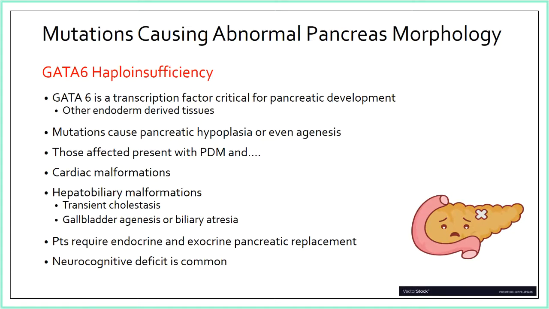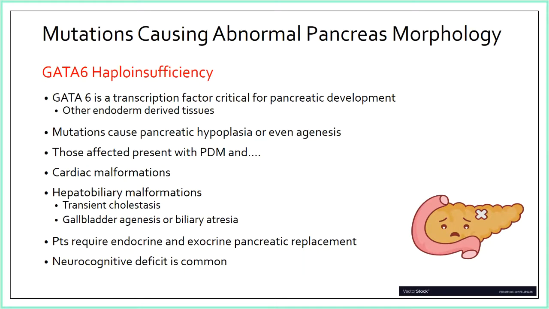Those affected obviously have permanent diabetes mellitus, and they can also have abnormalities in other cell lines that are derived from endoderm and require GATA6. So that includes cardiac malformations. Hepatobiliary malformations are probably the most commonly seen comorbid conditions, and that can include something relatively mild like transient cholestasis versus gallbladder agenesis and biliary atresia requiring transplant.